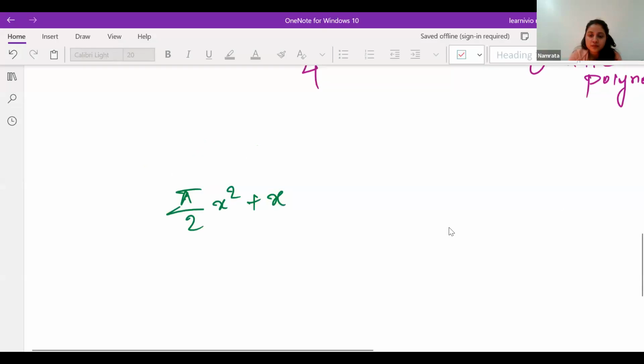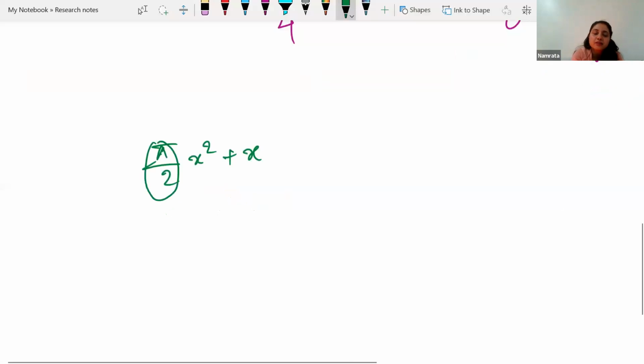Yes, pi by 2 is the coefficient of x square. So this way only we will be finding the coefficient. Coefficient means whatever is multiplied with x square. Any constant, any number, whatever number is multiplied with x is called the coefficient of x.